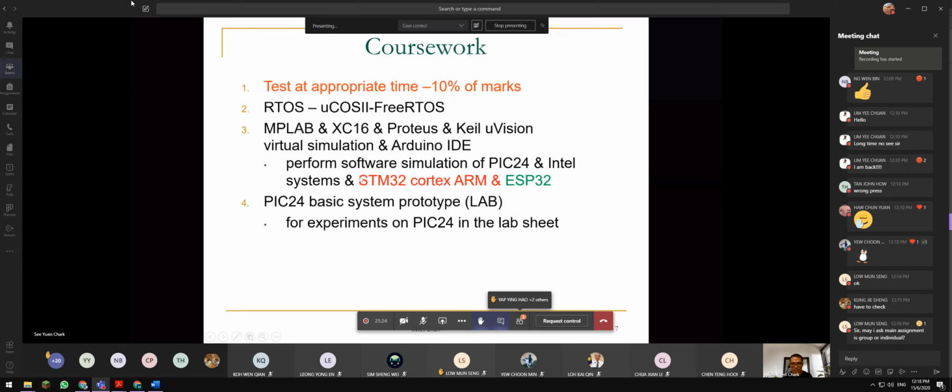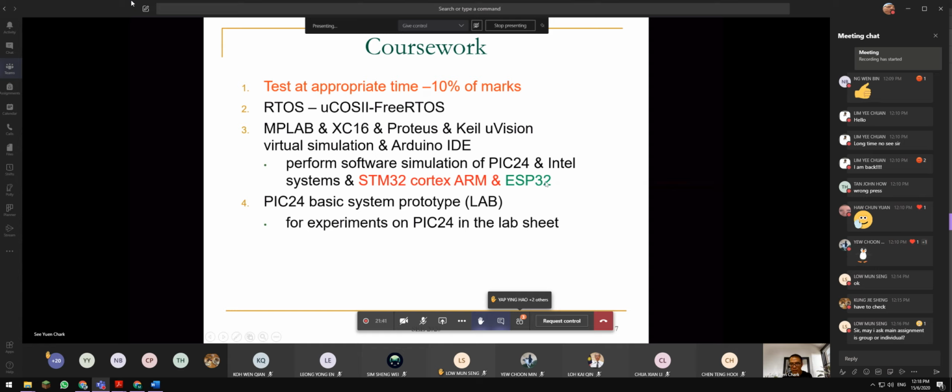And then STM32 Cortex ARM, I tentatively removed it this semester because it's quite heavy for all of you, and I replaced it with ESP32, which is easier compared to STM32 Cortex ARM.